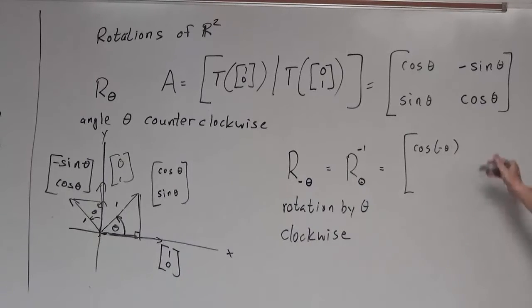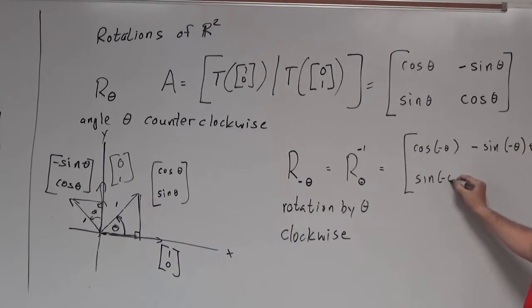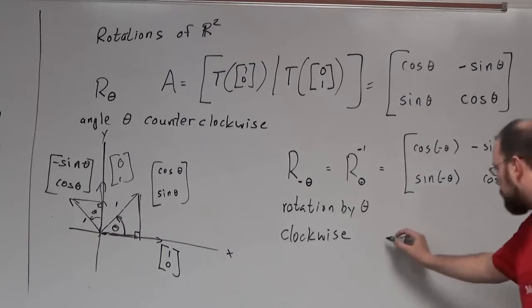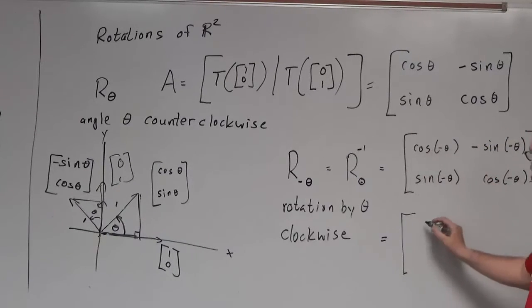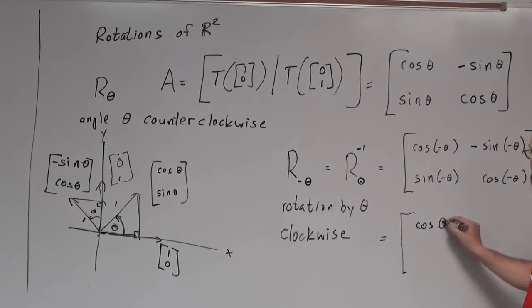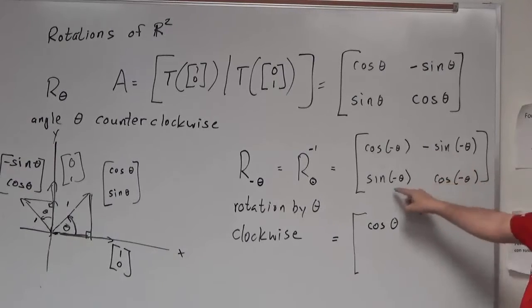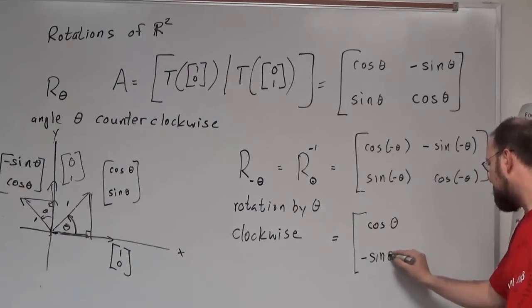Right, we're just rotating by a negative angle. And then we can take advantage of the fact that cosine is an even function, so cosine of minus theta is just cosine of theta, while sine is an odd function. So sine of minus theta is the negative sine of theta.